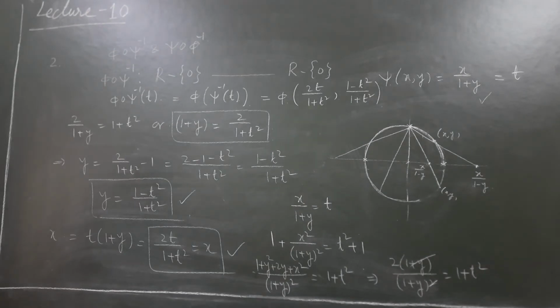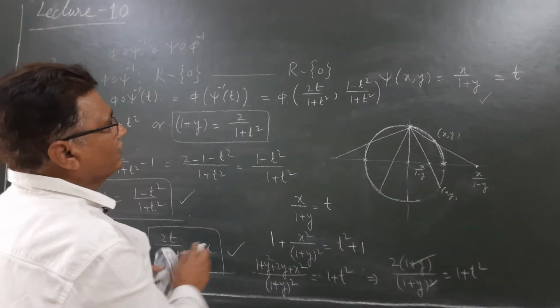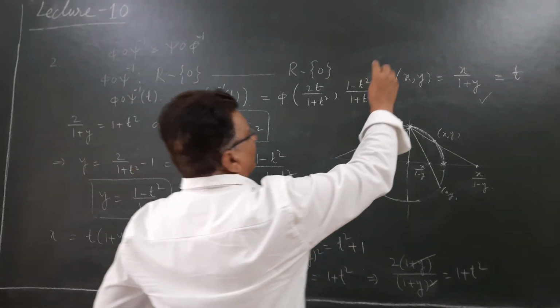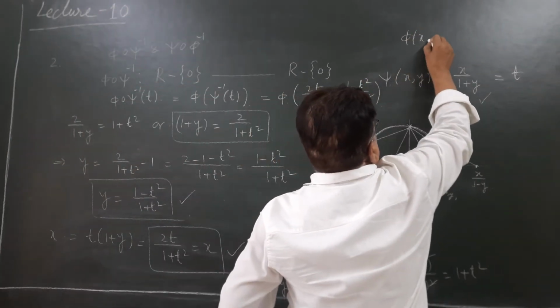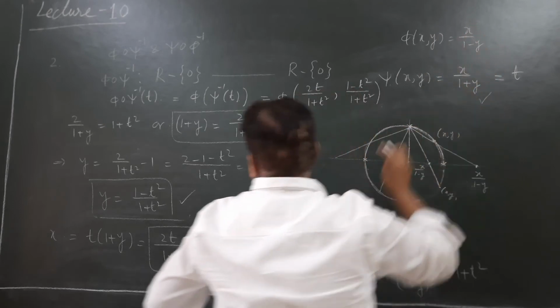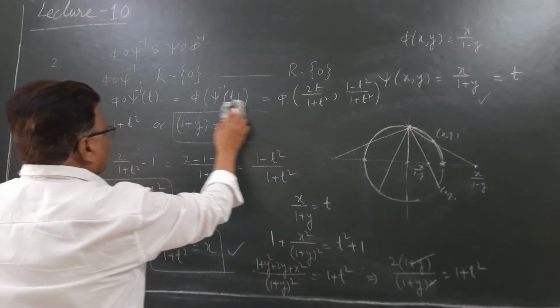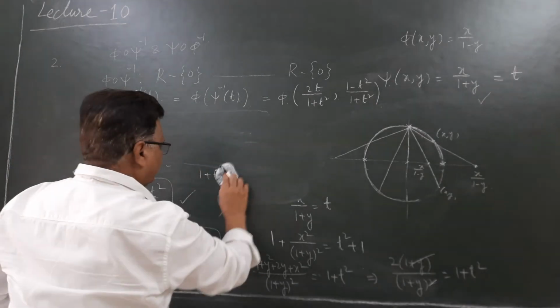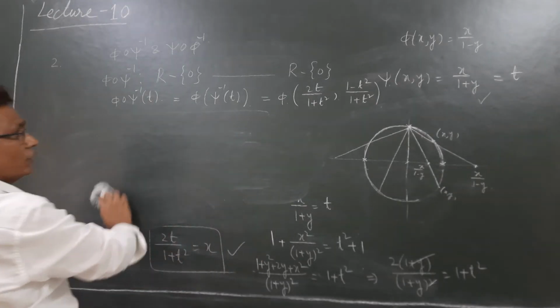This will generate x upon 1 minus y. And now phi, how does phi act? phi of xy, let me write down here, is x upon 1 minus y. So I can complete the definition of phi composition psi inverse.